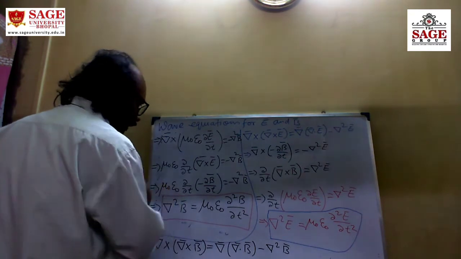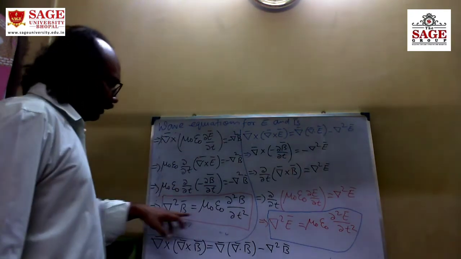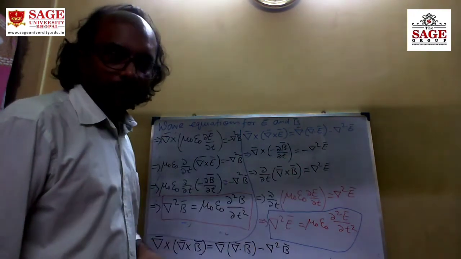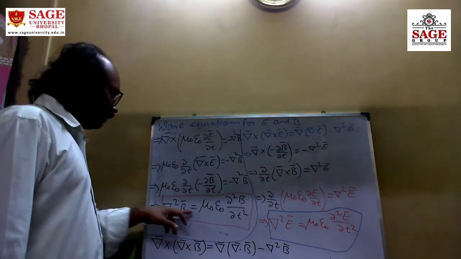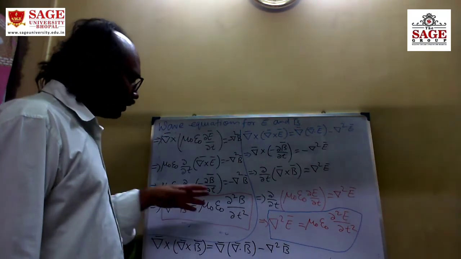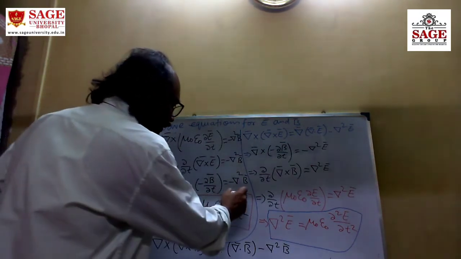So very similar equations. Del square E is mu naught epsilon naught del square E by del t square, and del square B is equal to mu naught epsilon naught del square B by del t square.